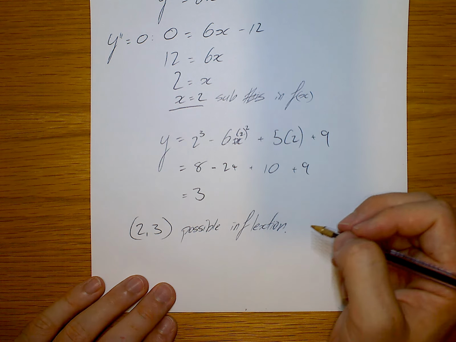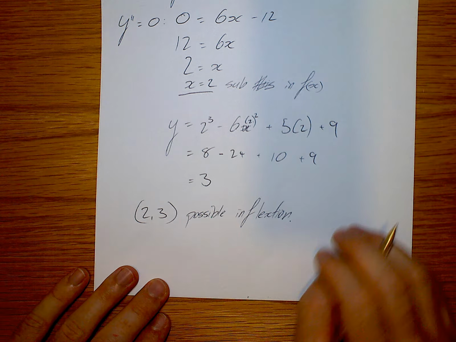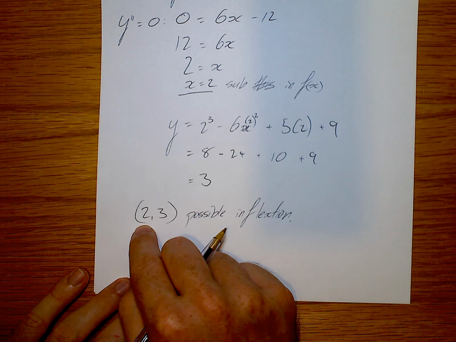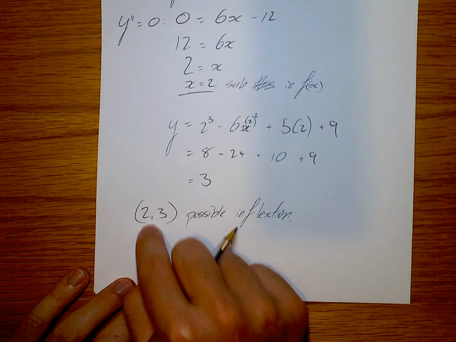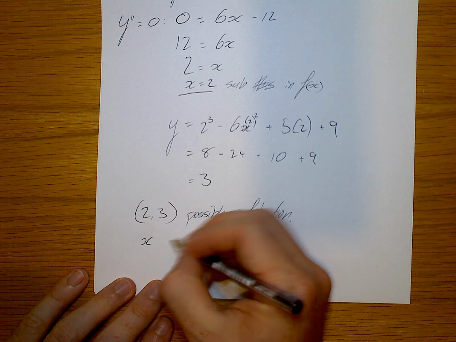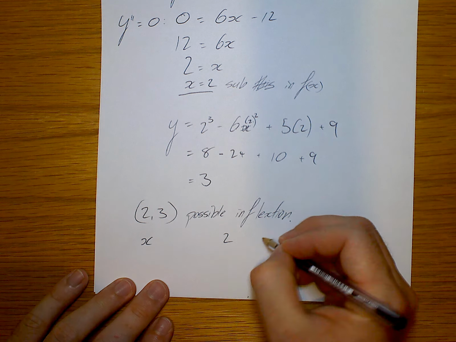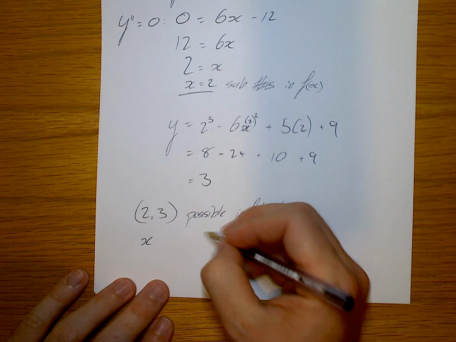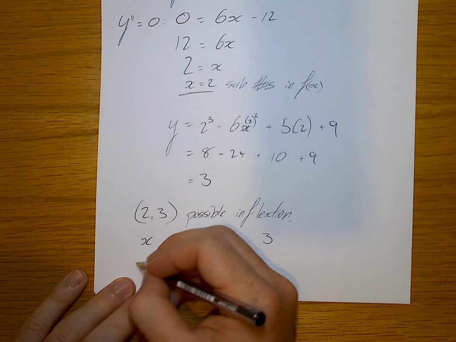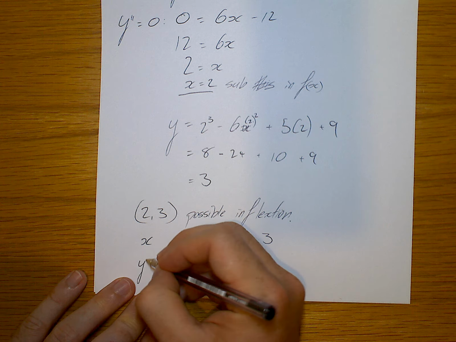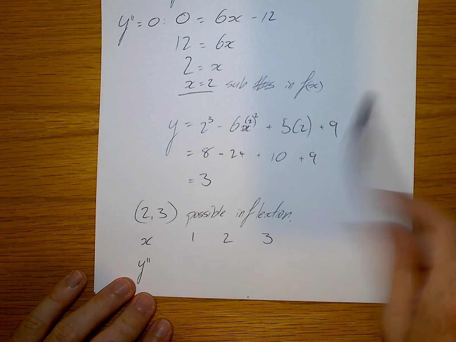But now let's prove it by checking the concavity. Let's go 1 to the left and 1 to the right of our x value. So our x is going to be 2. Let's go 1 up, 3. Let's go 1 down, 1. And let's find our y double dash at those points.